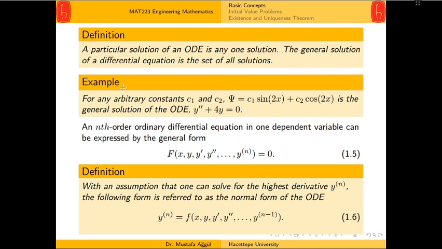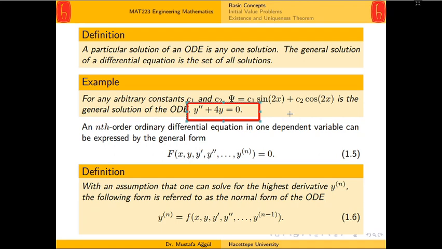Okay, example, for any arbitrary constants C1 and C2, these constants might be 1, 3, 5, 6, pi, 1 million, whatever it is. So these are just constants. Say psi is equal to C1, the first constant, times sine 2x plus C2 cosine 2x is the general solution to the ODE. This one.